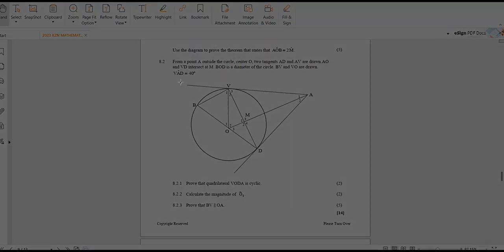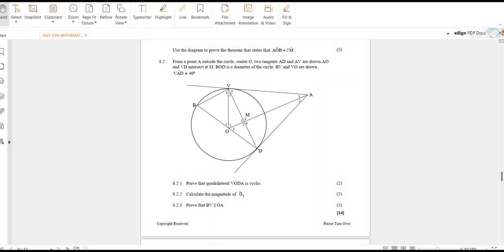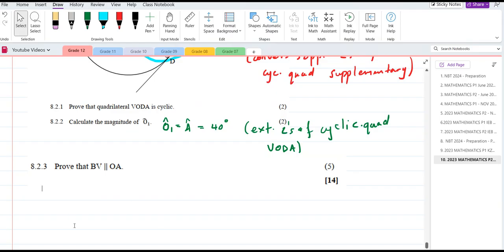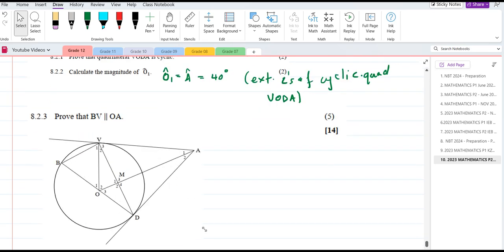Right, so remember, we need to prove parallel lines. So we need to work with angles, either co-interior, corresponding, and alternate. So we want to prove that BV is parallel to OA.